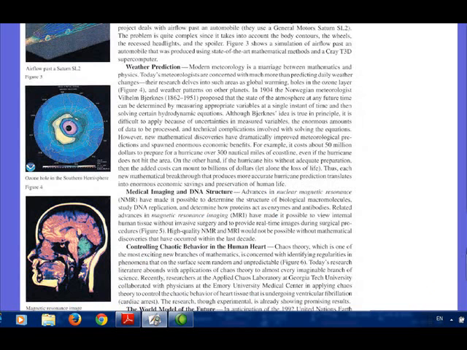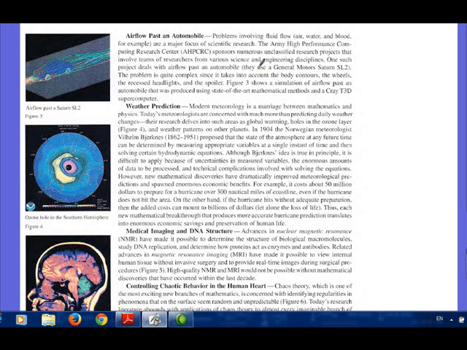In the field of engineering, calculus is also applied to the airflow past an automobile. For the designing of new cars, we have to study fluid flow such as air, water, and blood. In this field, calculus takes a hand.